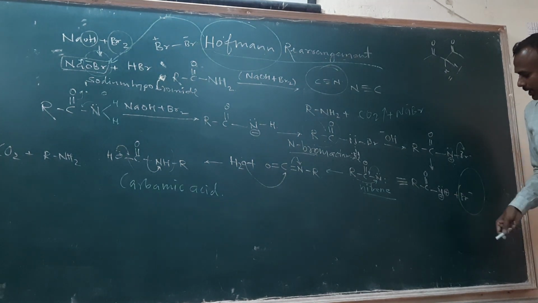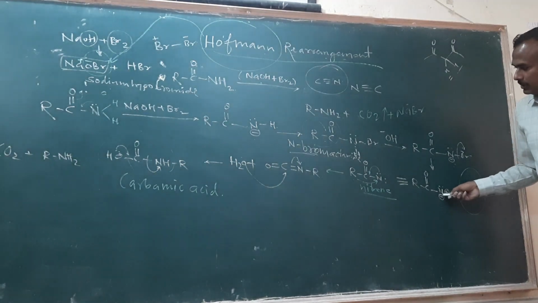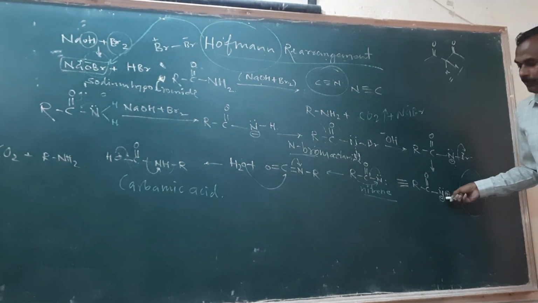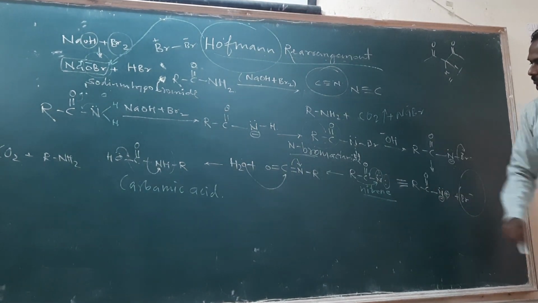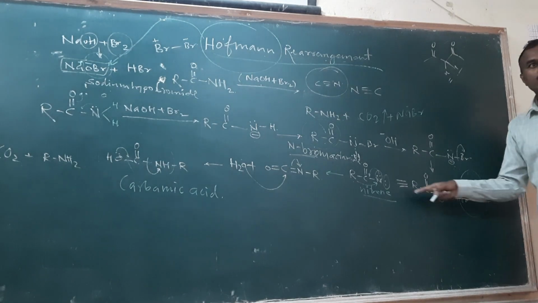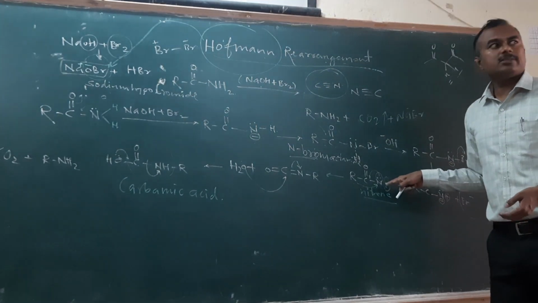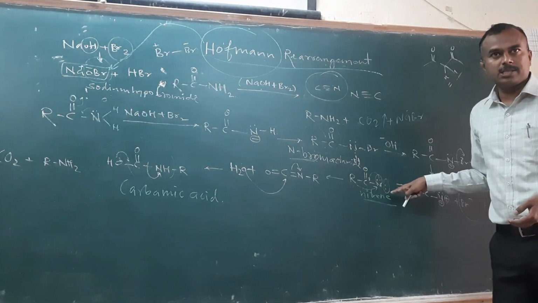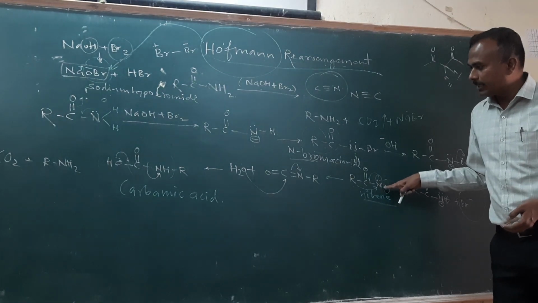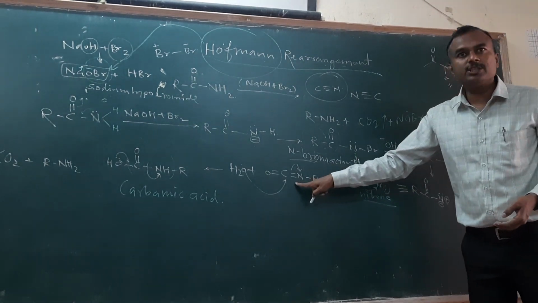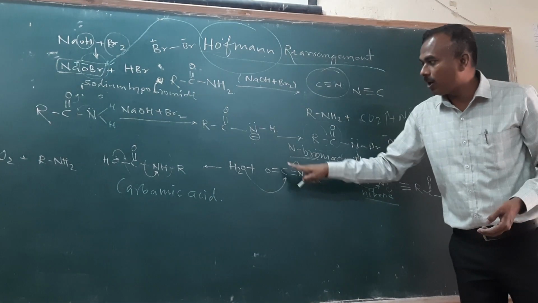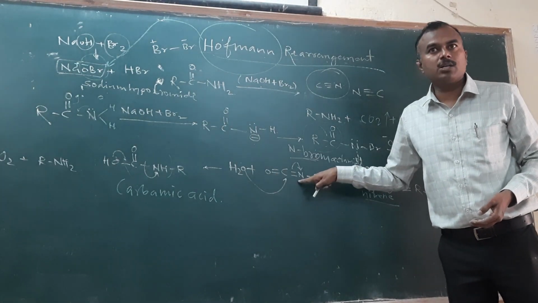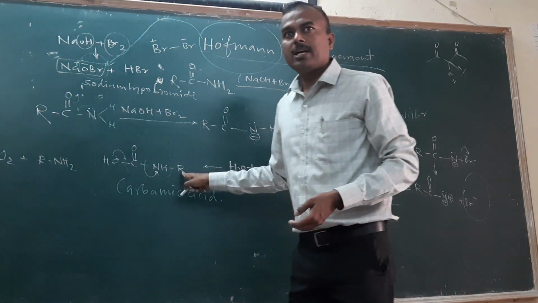Now here, what will happen? Here you will get a nitrene. This nitrene is again an unstable species. This nitrene on rearrangement gives isocyanate, which on addition of water gives the carbamic acid.